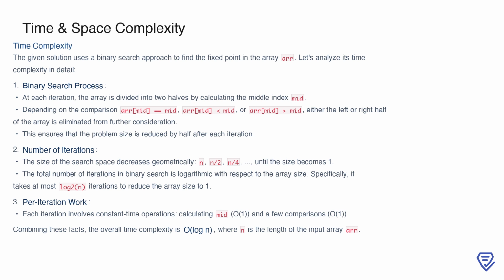The number of iterations required to reduce the size of the array to 1 follows a geometric progression, n/2, n/4, and so on. This process takes at most log2(n) iterations. Importantly, each iteration involves only a few constant time operations, such as calculating the midpoint and performing comparisons. When we combine these factors, the overall time complexity of the algorithm is O(log n), where n is the size of the input array.